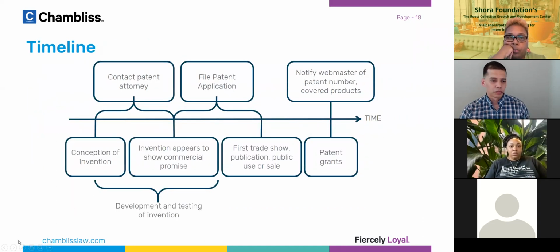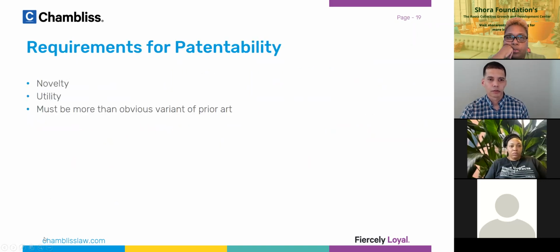I'm not going to go through this. So to get a patent, there are a couple of requirements. One, it has to be new. So that's the novelty requirement. You can't refile a patent application on the Model T, right? Has to be something new. Has to be useful. There are certain categories of things that the patent office says are not useful.